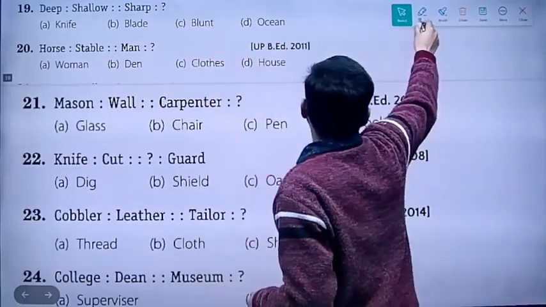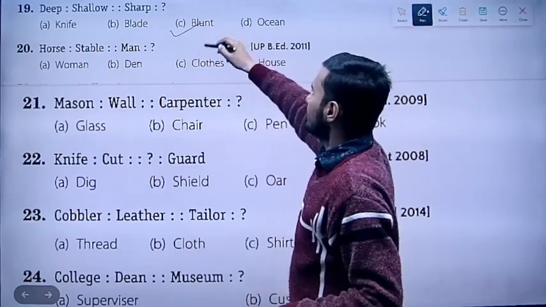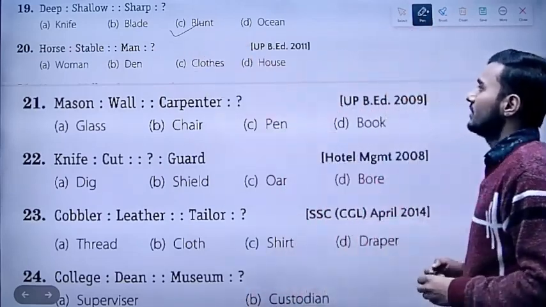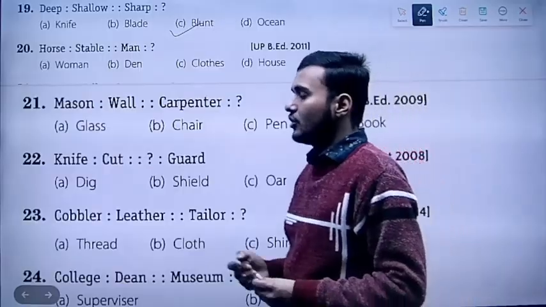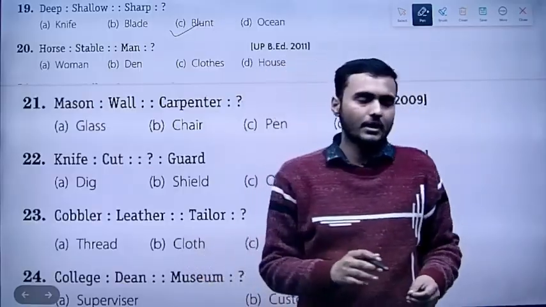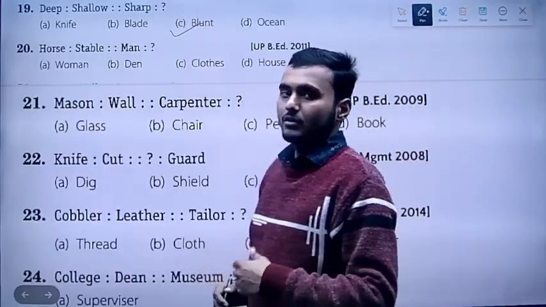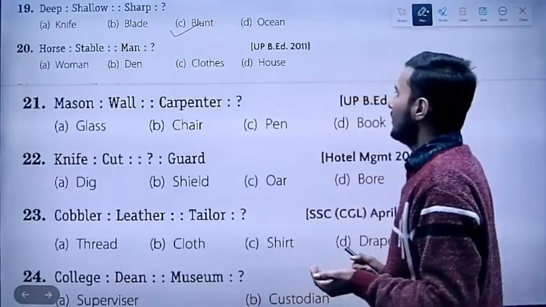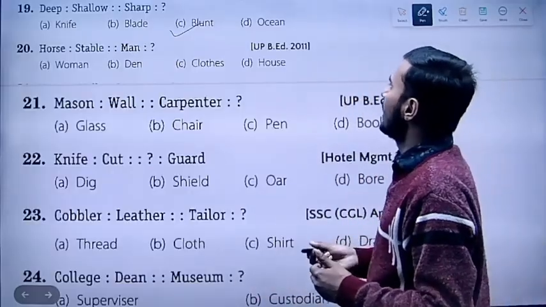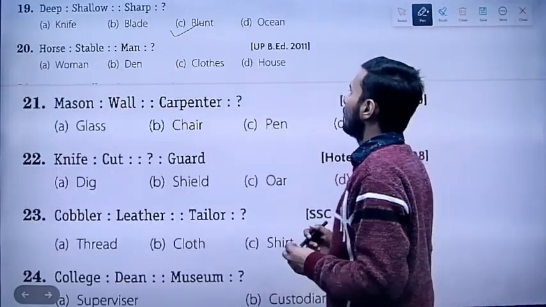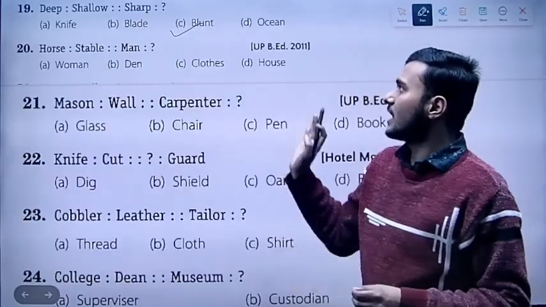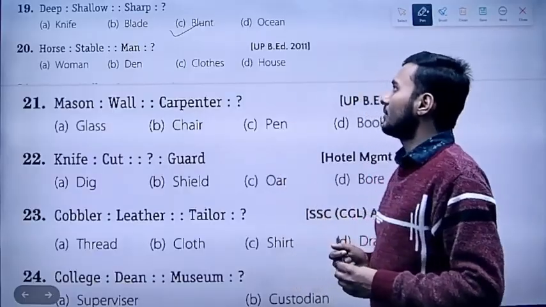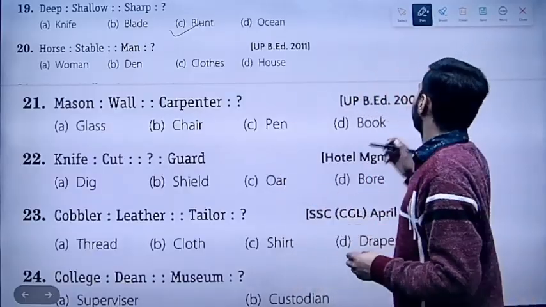Among the other options, blade and knife could be called synonyms of sharp, but not close synonyms. And in option D, ocean and sharp are not related to each other. So the opposite of sharp is blunt.